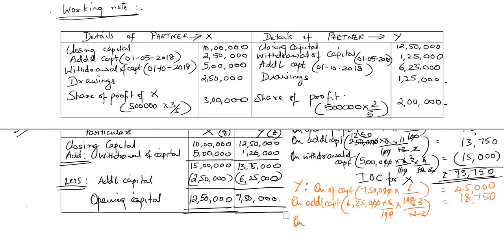And on the withdrawal of capital, capital withdrawn by Y 1,25,000 into 6% from 1st May 2018 till the end of the accounting period, 11 months.